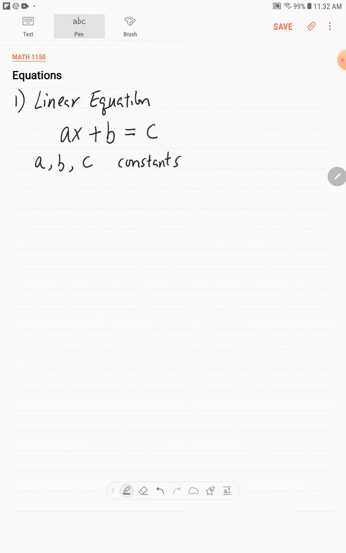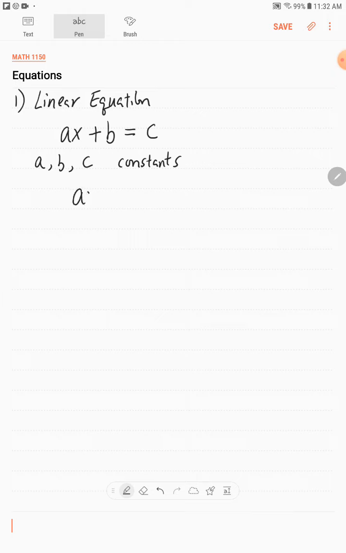So the idea is we want to isolate the variable x on one side of the equation. For this example, if a is not equal to 0, then we isolate x on one side, so we subtract b on both sides.